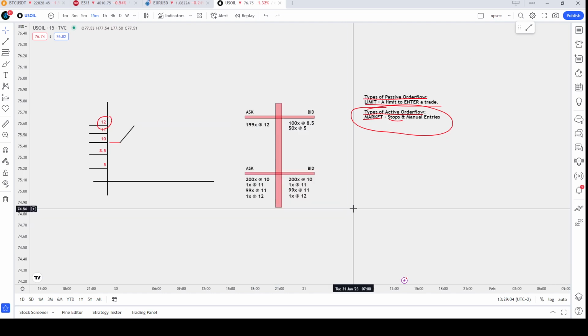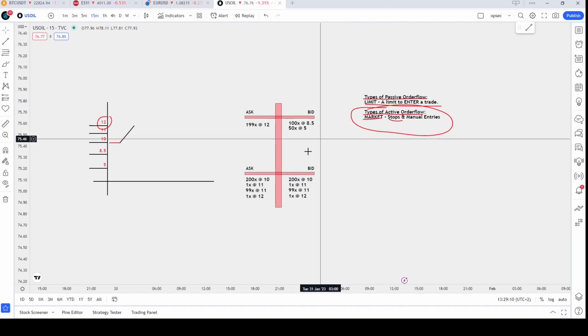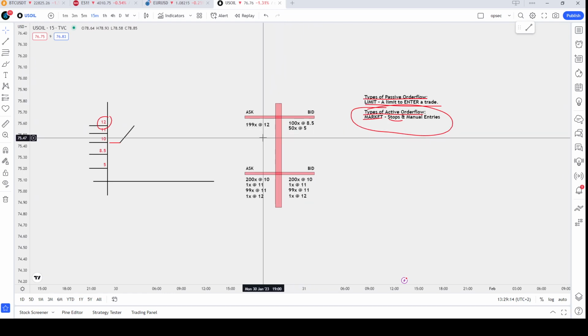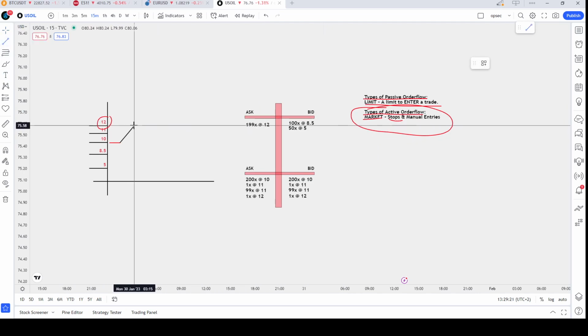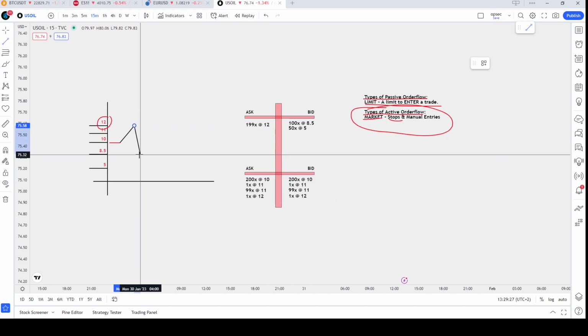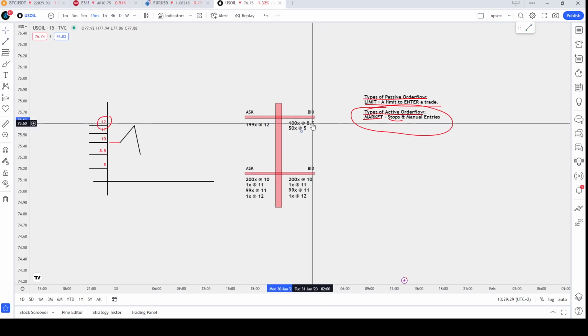Okay, now, how many contracts would it require for me to move price from here all the way down to 8.5? For me to move price all the way down to 8.5, it would only require one contract. And price would dump down all the way to 8.5. Why?